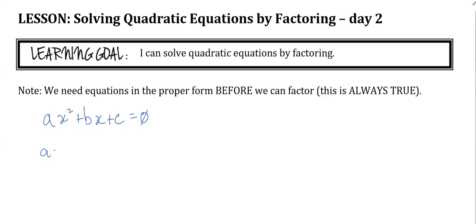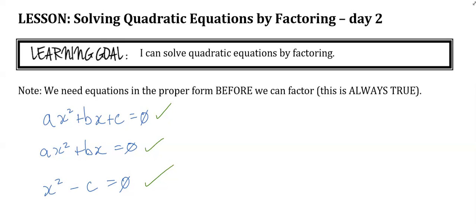Or ax squared plus bx, where a and b can be any integers. We don't want decimals or fractions there for sure. Equals 0. Or x squared minus c equals 0. So these three are in the proper form.